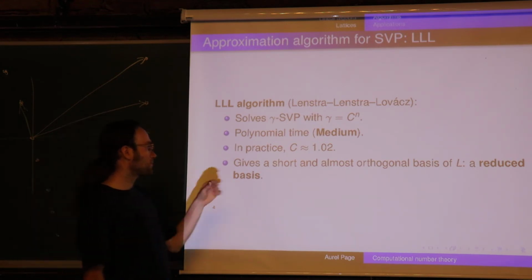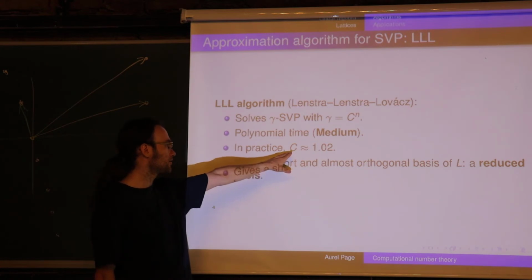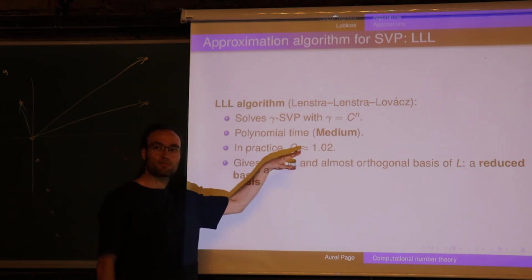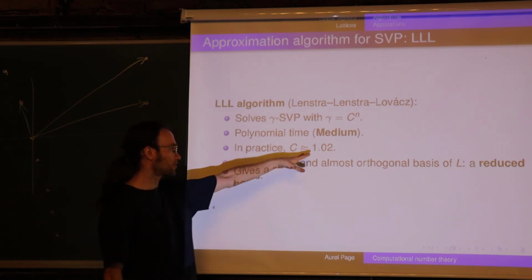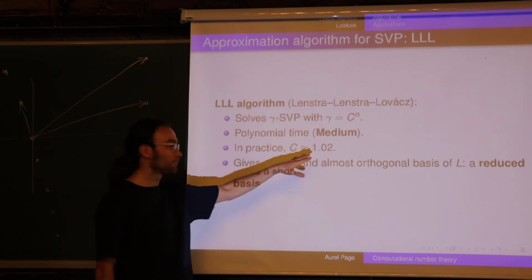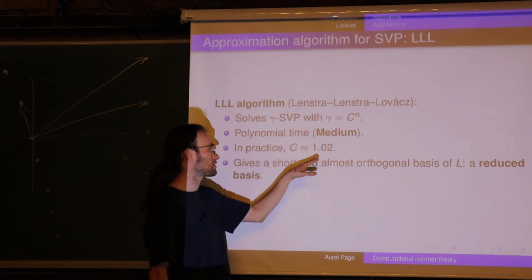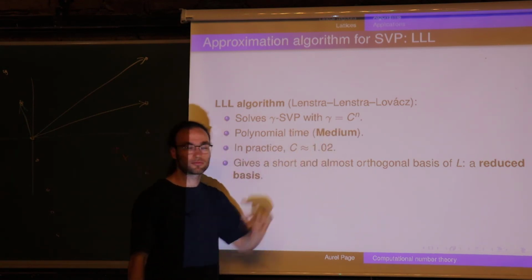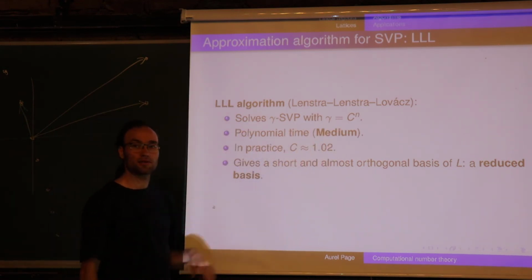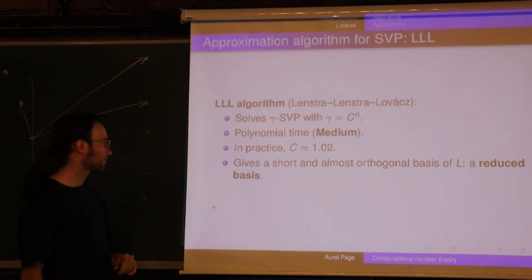And in practice it's quite good, because the c that you see in practice is better than the one you can prove, and it's approximately 1.02. So c to the n, of course, is exponential in the dimension, but with small c, for dimensions up to 100, it's not so large.